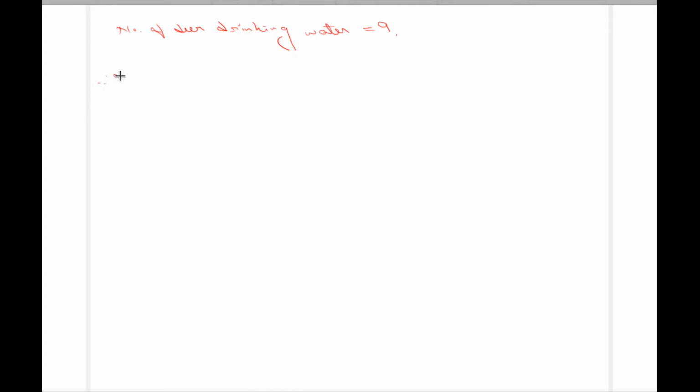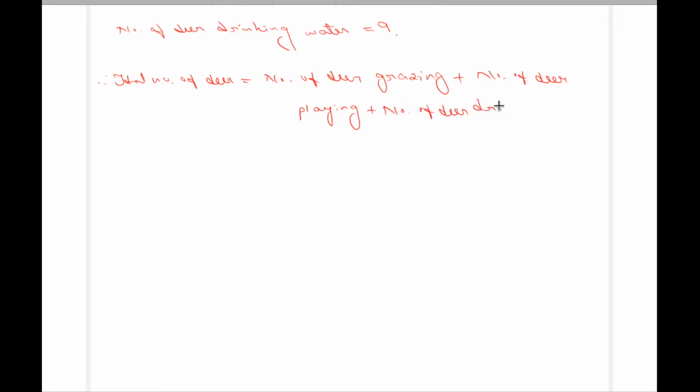Therefore, total number of deer equals number of deer grazing plus number of deer playing plus number of deer drinking water.